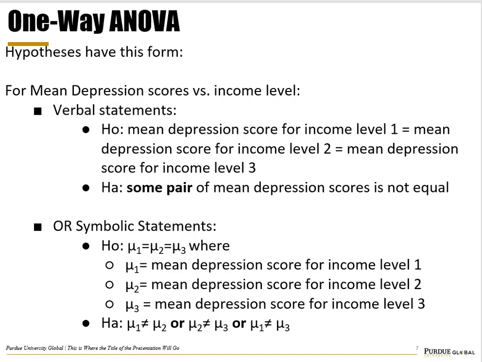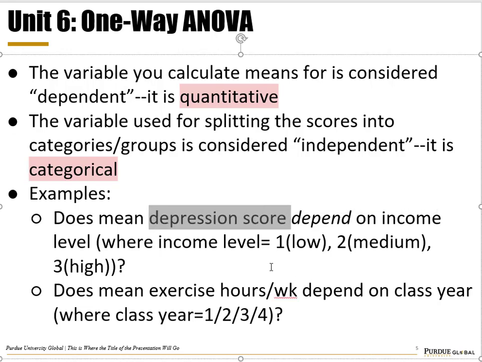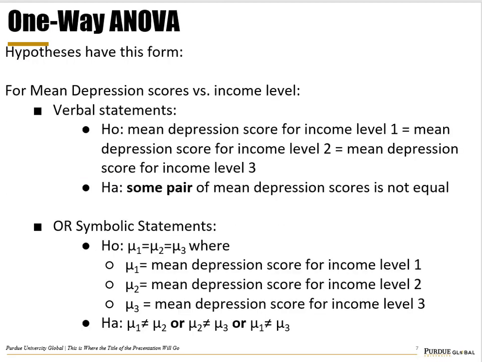So for the mean depression score versus income level, the example that I kind of glossed over, but back here, right? Does mean depression score depend on income level, where income level can be 1 for low, 2 for medium, and 3 for high. So you can see there's your grouping variable. Your categorical variable is your income level, and the depression score is your quantitative, and you're going to look at those 3 groups.